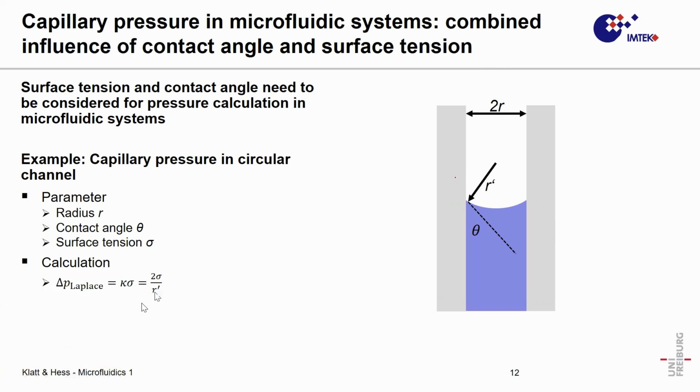This can be done by using trigonometric functions. So what you know is that the horizontal distance to the wall is r. And what we also know is the contact angle theta.